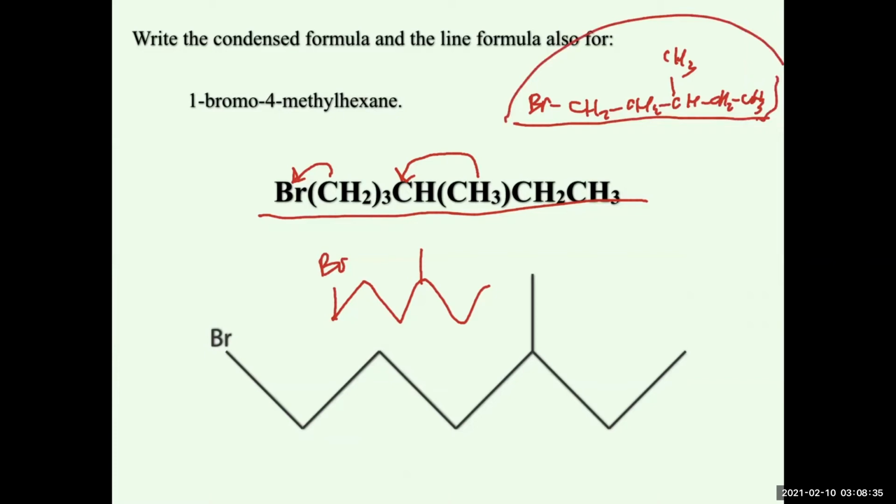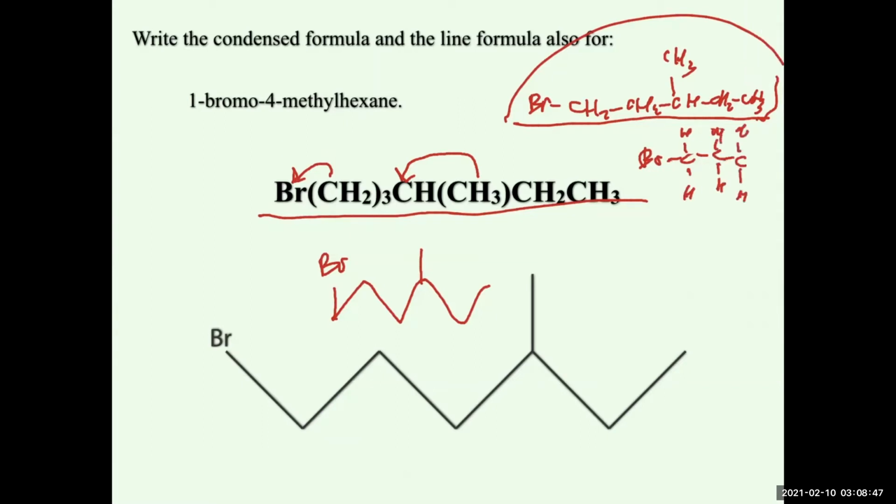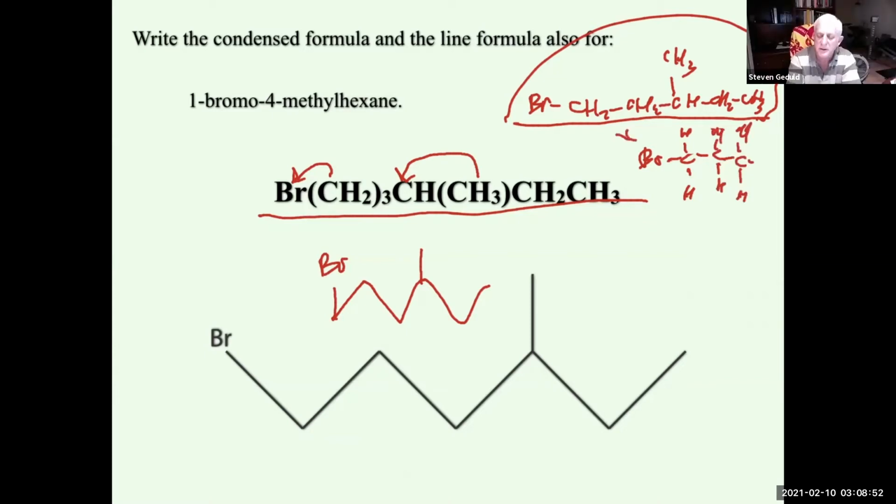You could do it this way if it makes more sense to you. Hydrogen, hydrogen, hydrogen, hydrogen, hydrogen, CH3, like that? Yeah. These are the exact same thing. They're equal to each other. People don't like to draw hydrogens everywhere, so they make CH2, CH3s.